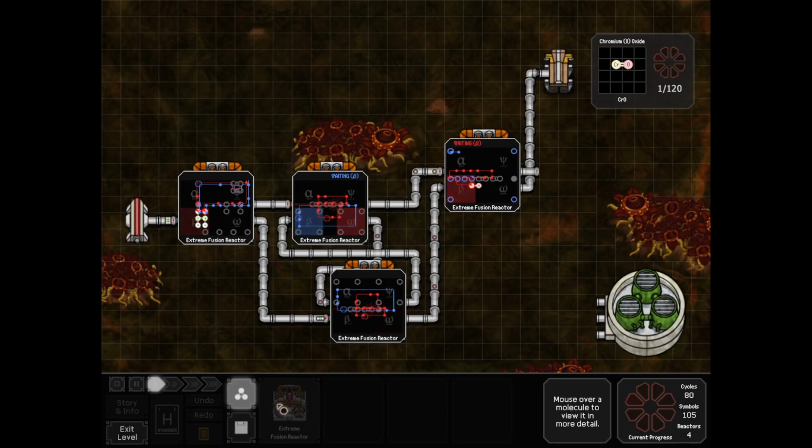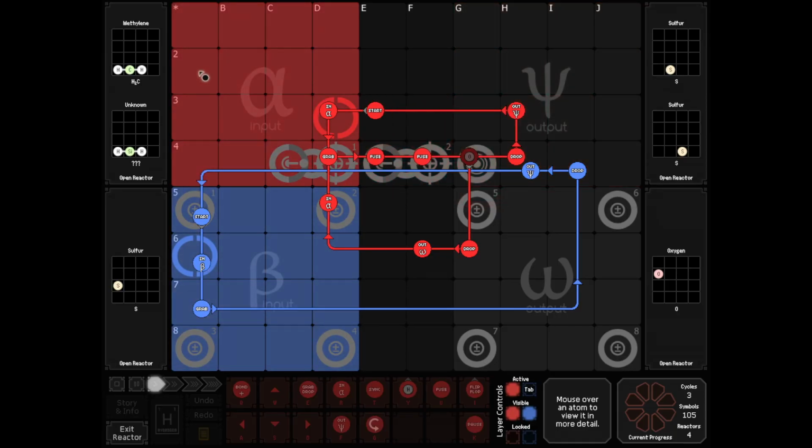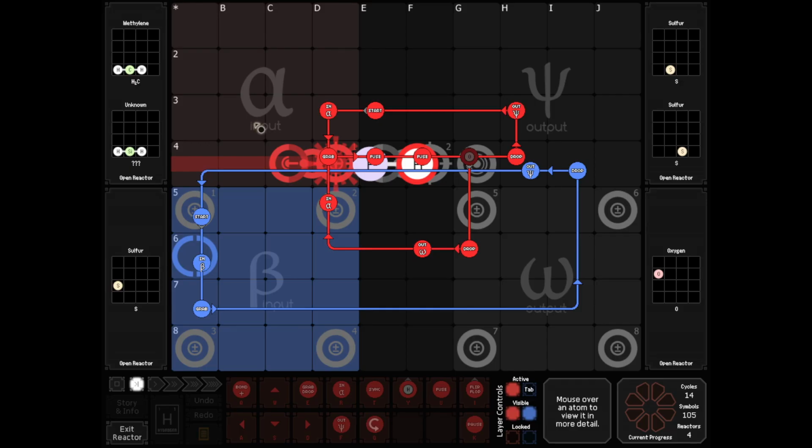Yeah. So let's have a look at this top reactor, even though those two are basically mirror images of each other or something like that. So what does this one do? It gets either H2C or H2Si. It fuses them into an atom and then checks if that is sulfur or oxygen.